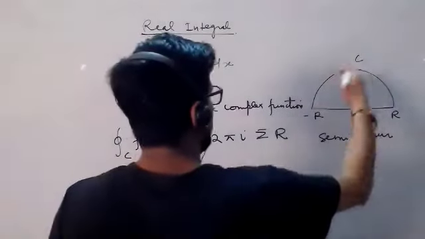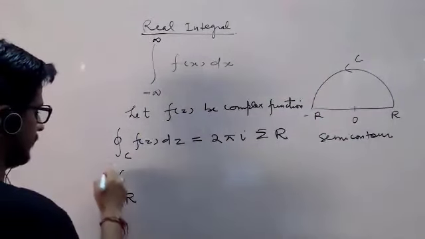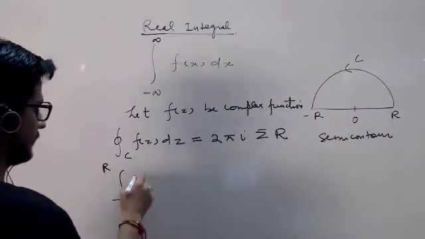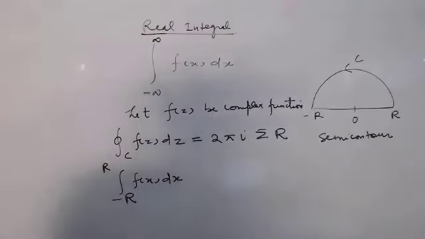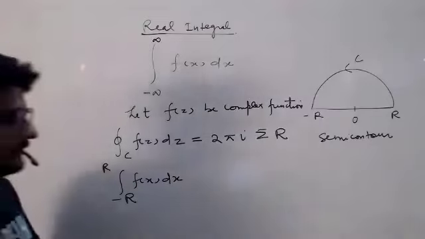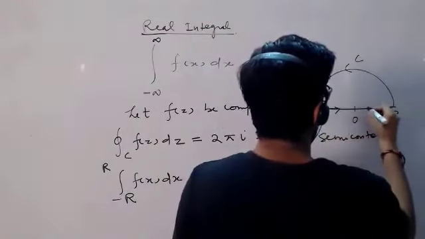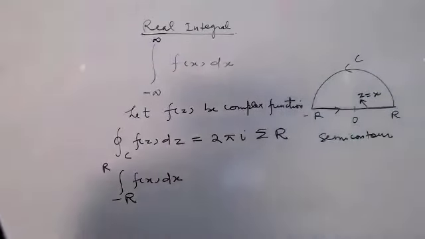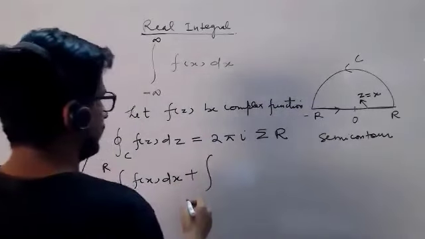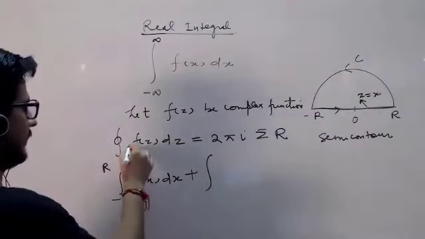Now this contour is made up of, the initial thing is that real axis, so it will be f(x) dx, because when you travel on the real axis, that means on this whole line z is equal to x, because y is 0 here, and plus, let me call this as C dash.